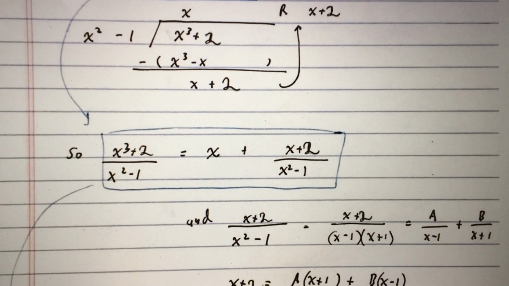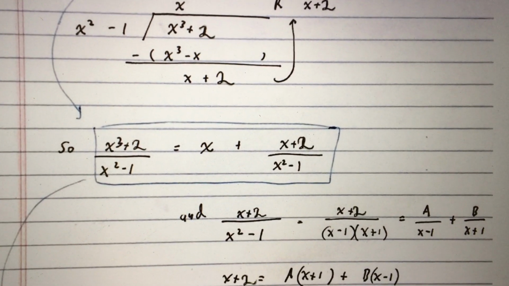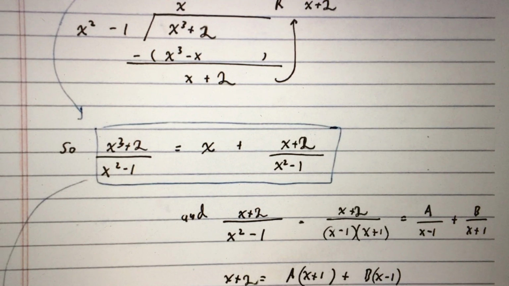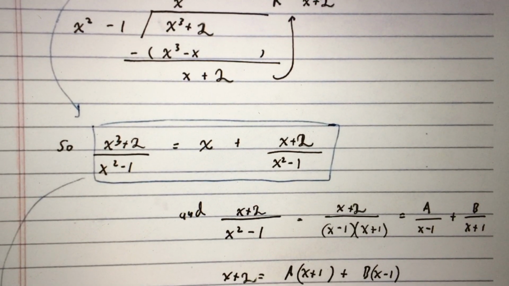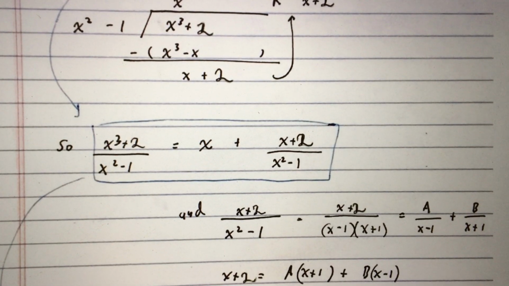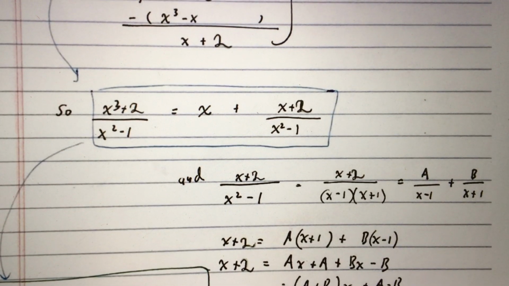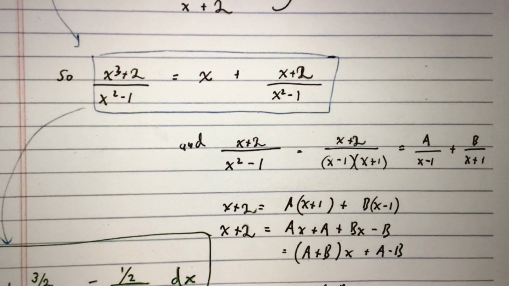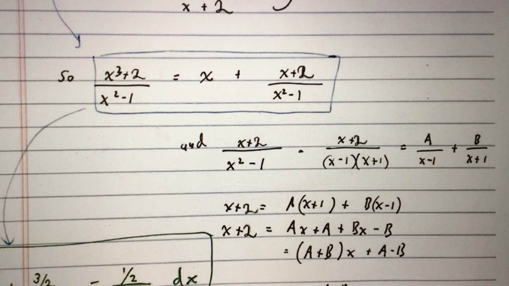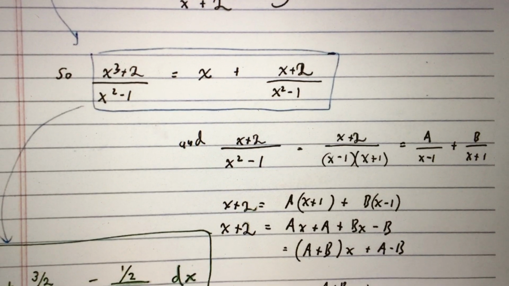x plus 2 over x squared minus 1 is equal to, factoring the bottom, x plus 2 over x minus 1 times x plus 1. And this is a pretty quick partial fraction because both of those factors underneath are linear, just degree 1. So I just need the constants A and B. To get the common denominator, I'm going to have to multiply the A by x plus 1 and the B by x minus 1.